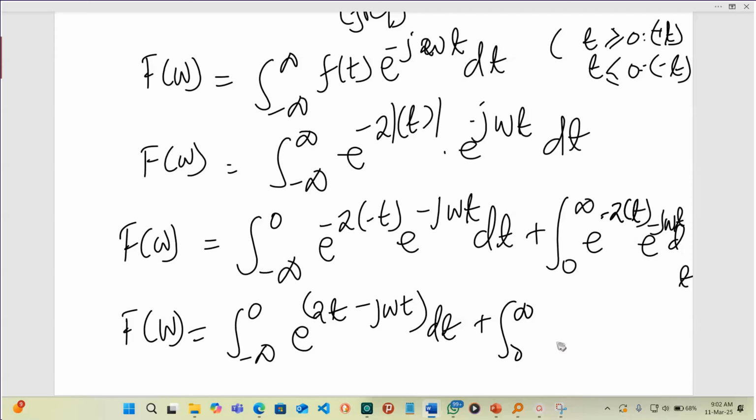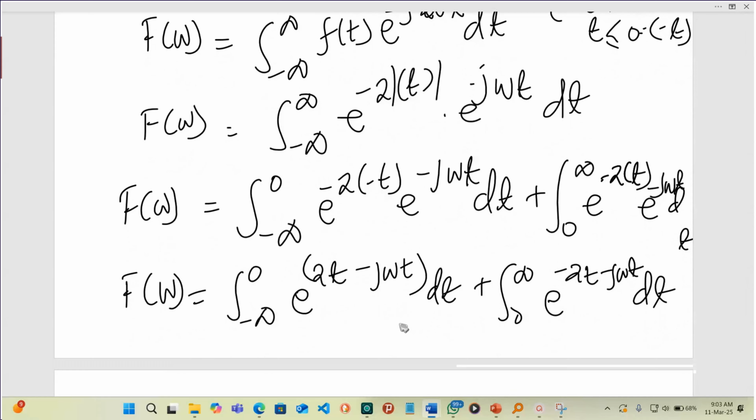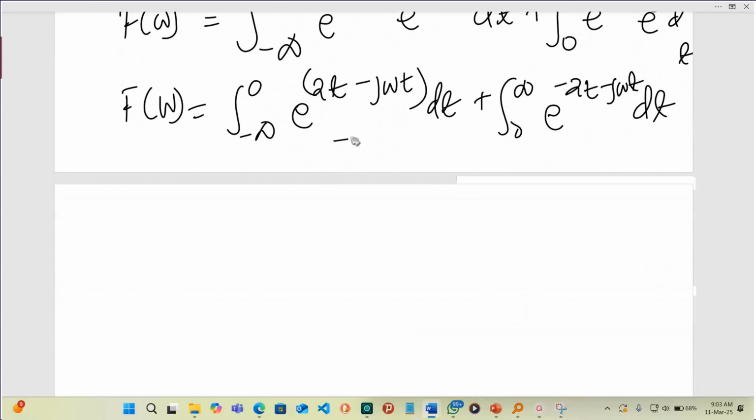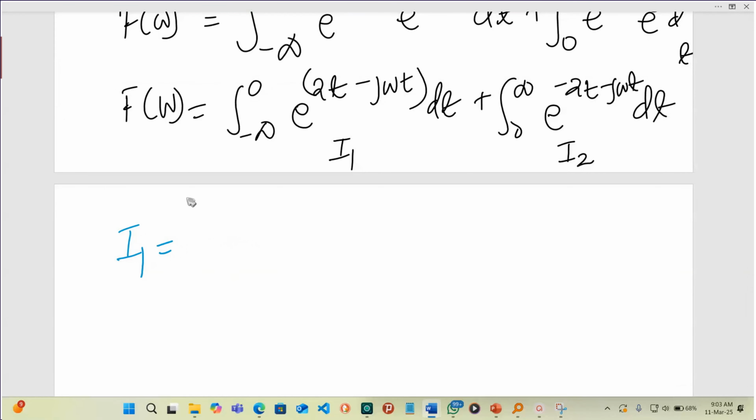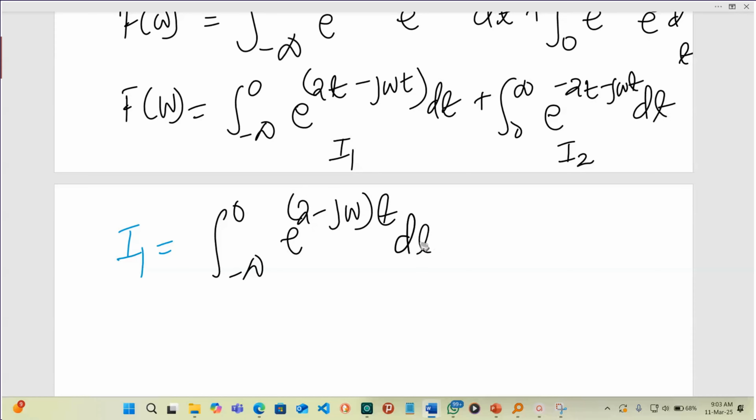This is going to be exponential of negative 2t minus j omega t with respect to t. So if I consider this as integral 1 and this as integral 2, then integral 1 will equal, from negative infinity to 0, exponential of (2 minus j omega) t with respect to t.